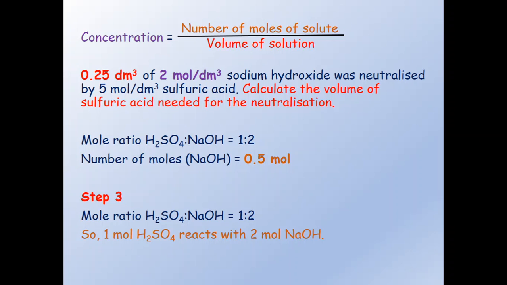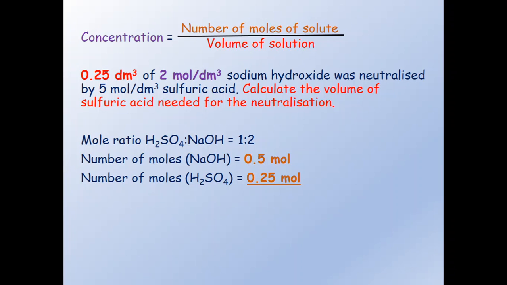So we always just have half as much sulfuric acid reacting. If we look at the 0.5 mole of sodium hydroxide that we have, it means we only need half as much sulfuric acid. So 0.25 mole sulfuric acid reacts with 0.5 mole of sodium hydroxide. So now we know the number of moles for sulfuric acid also, it's 0.25.